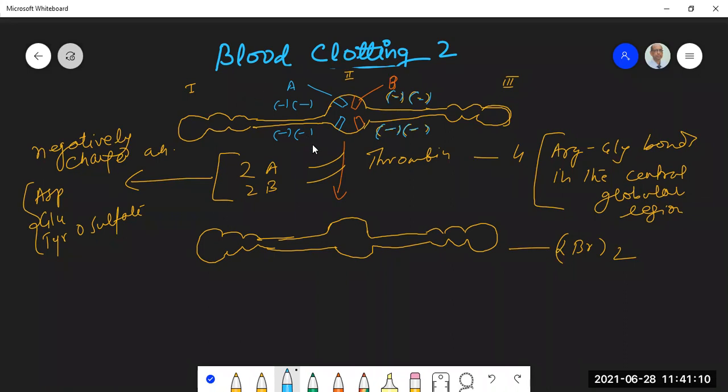But when fibrinopeptides have been freed by thrombin, it doesn't have a negative charge anymore. The surface charge density pattern of the fibrinogen molecule has changed, and now individual fibrinogen molecules can come closer to each other. Like this.